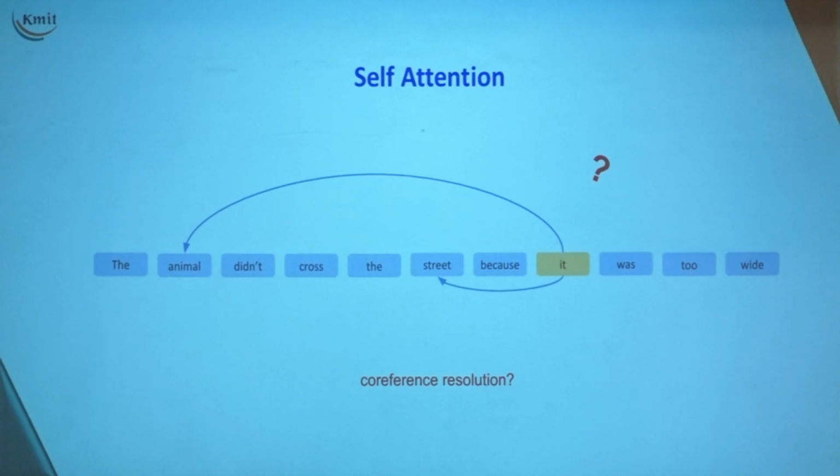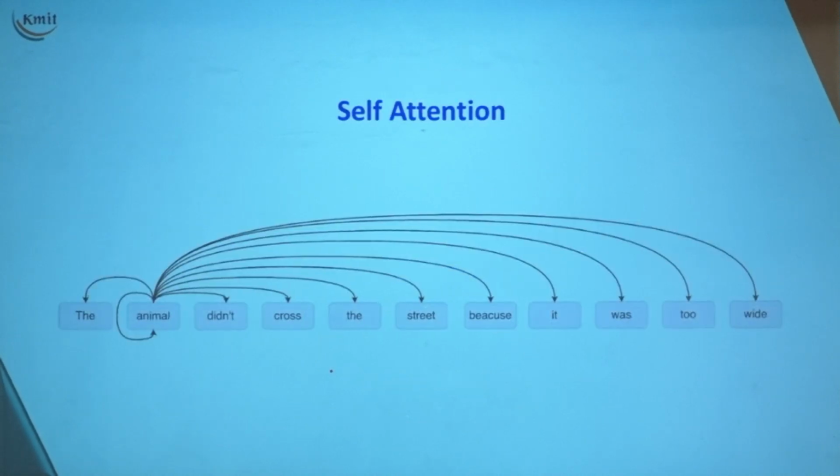We know it is the street, but the machine should understand it is the street. For this we apply the self-attention mechanism. Attention is for understanding the context. Self-attention is for depicting the dependency of one word on the other word. This is called coreference resolution.